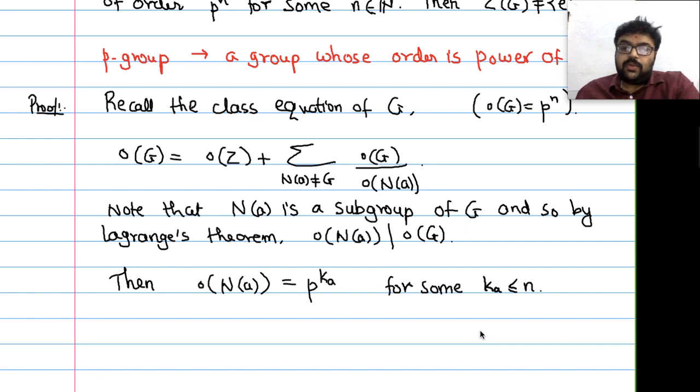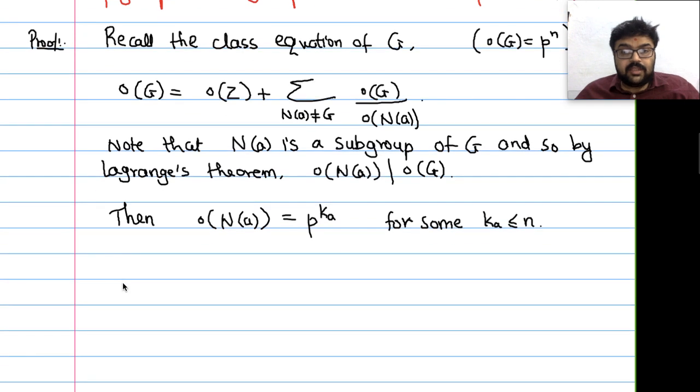Yes, it can also equal n, but we are interested in when k_A is strictly less than n. When k equals n, it also has order P power n, which means N_A equals G. We are interested in N_A not equal to G. This case we are interested in.